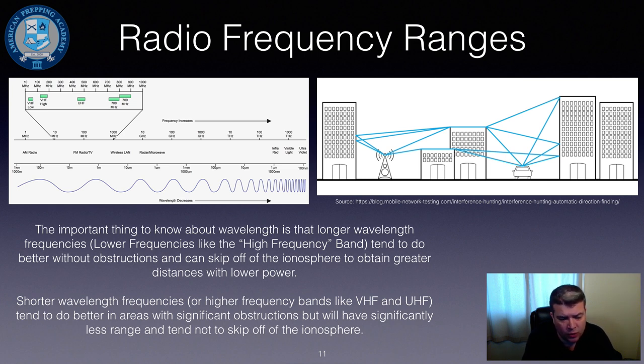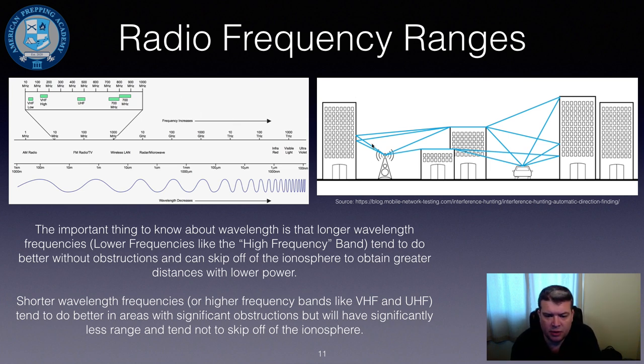Now, the shorter wavelength frequencies, or the really high frequency bands like the VHF and UHF, tend to do better in areas with significant obstructions, but they will have significantly less range, and they tend not to skip off of the ionosphere but actually penetrate it.